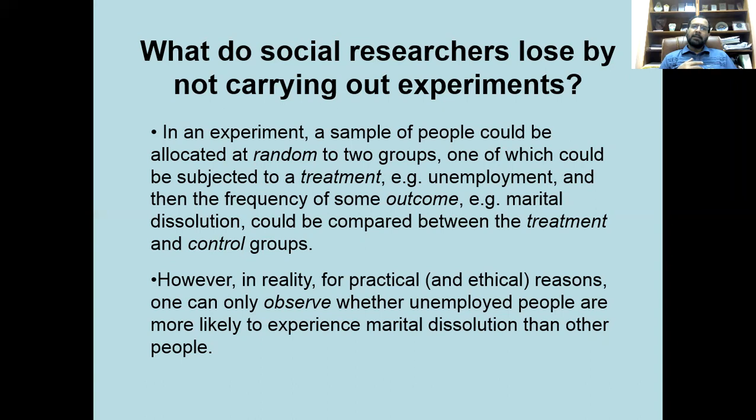However, in reality, one can only observe whether unemployed people are more likely to experience marital dissolution than other people. Now, this you have to prove. This is not very general. Whenever we conduct an experiment or a study, we have to include some parameters and see whether it is true in the given parameters or scope.